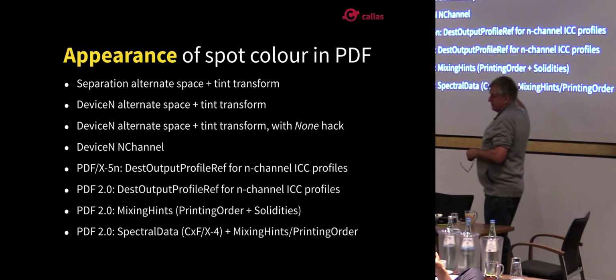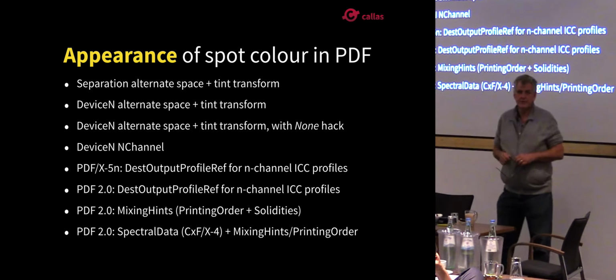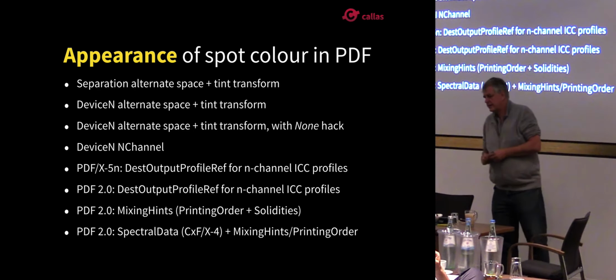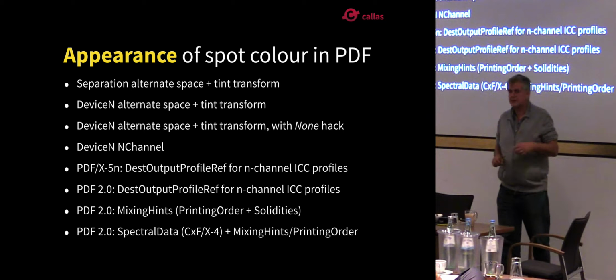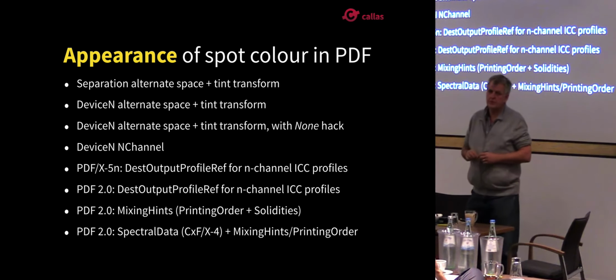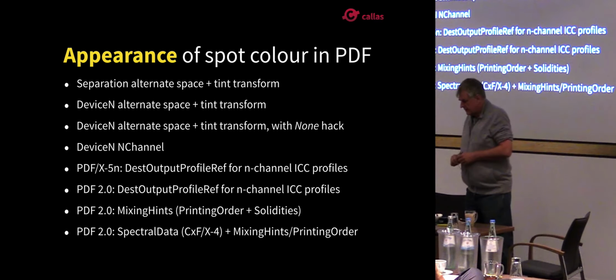I will not go through every item because I have to stop at 45 minutes past 5. There's a couple of other things. There's the hack for DeviceN color spaces to get interesting effects, very often used for duotone images in Photoshop and so on.